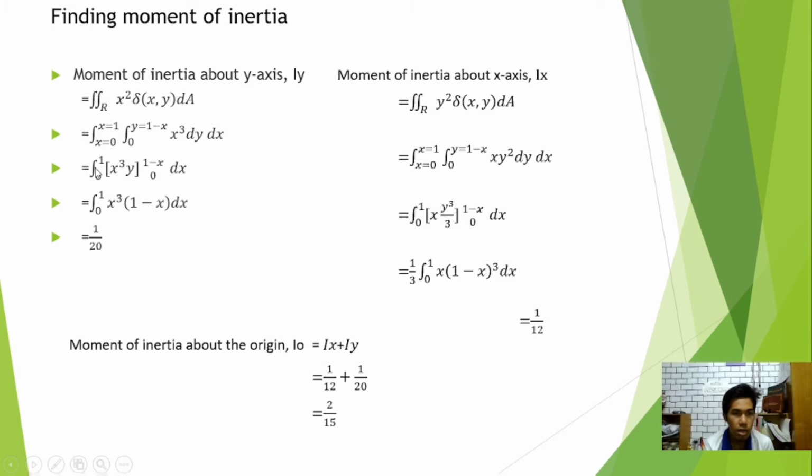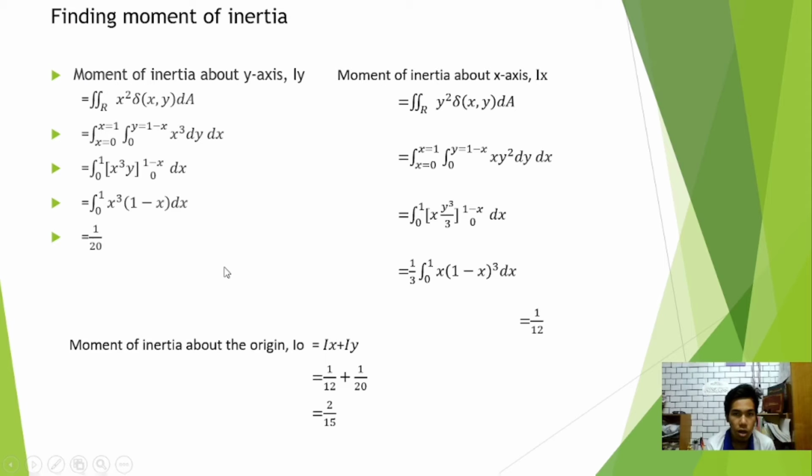Next, the integral from 0 to 1 of x to the power of 3 y from 0 to 1 minus x dx. So we integrate dy and we got the integral from 0 to 1 of x to the power of 3(1 minus x) dx, and we got the answer 1 over 20.